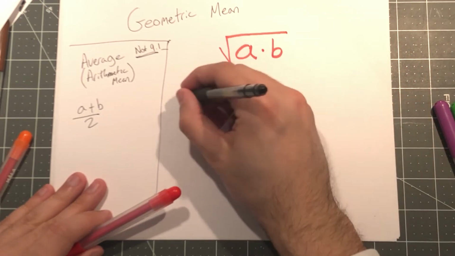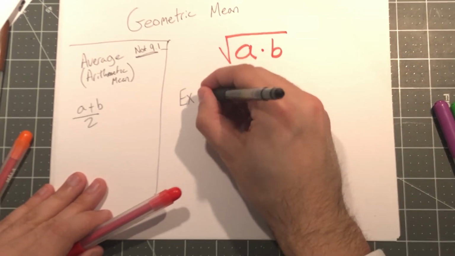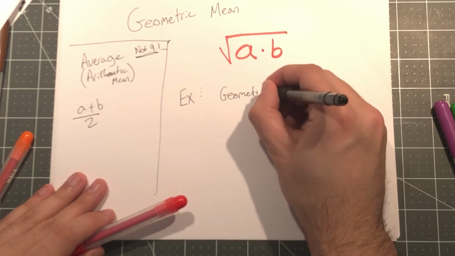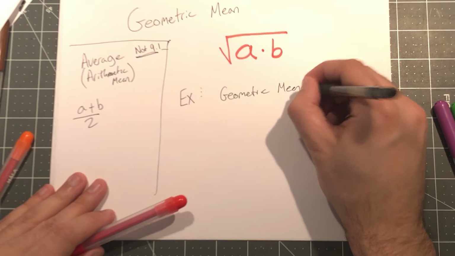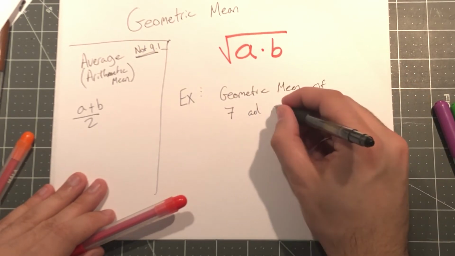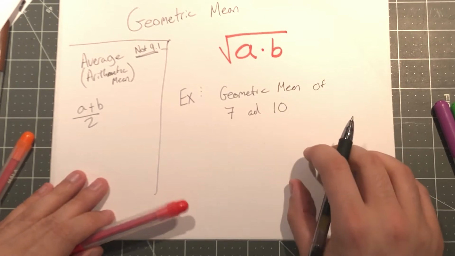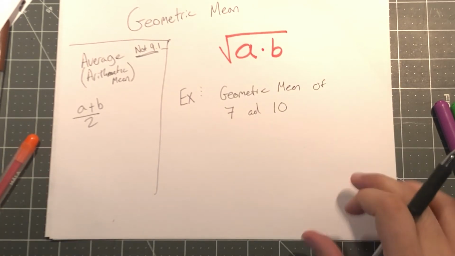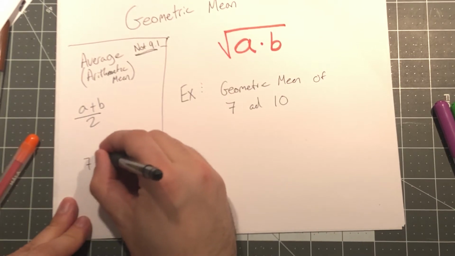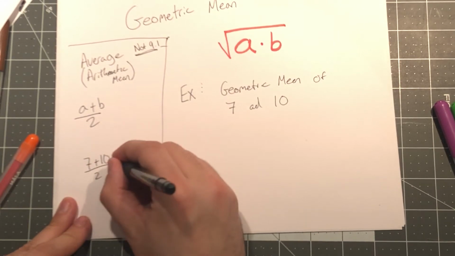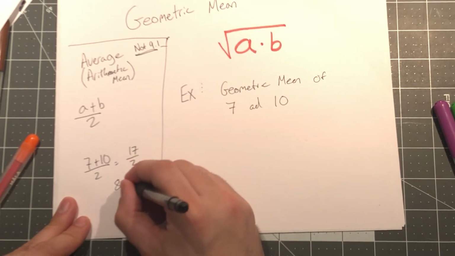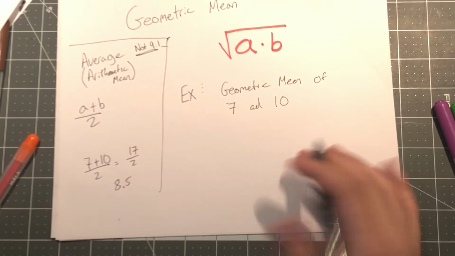So let's do an example. An example would be the geometric mean of 7 and 10. Well, if we did the arithmetic mean of 7 and 10, if we did the normal average, the thing we've done before, that should be 8.5.